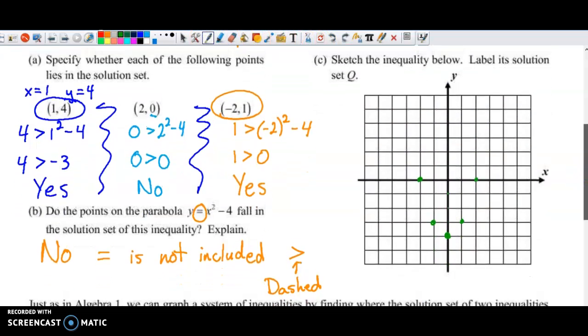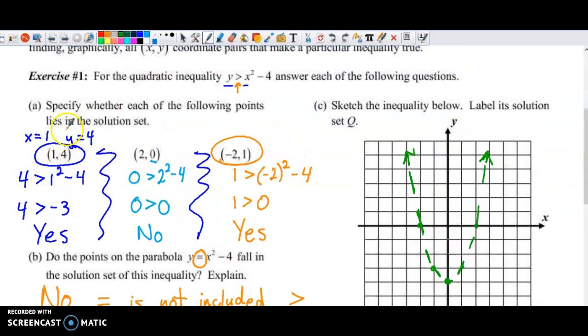And as I mentioned, we're going to do a dashed curve instead of a solid curve. It doesn't really matter how you put your dashes on there, just indicate that you have that kind of behavior. And what you could do is pick out points that work.